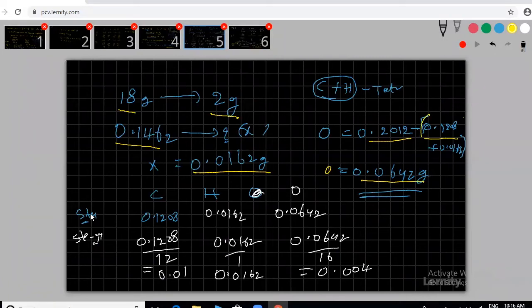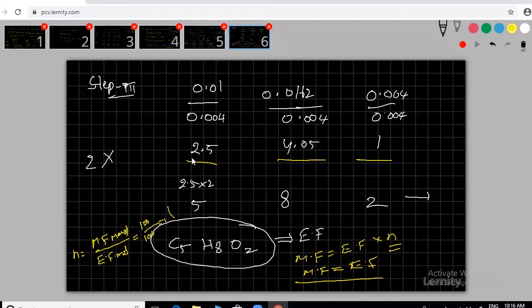After that, I applied step 1, step 2, step 3. Then we finally got the numbers 2.5, 4 and 1. But this is not an integer value. To get exact integer values, again I multiplied with a suitable number, that is 2. Then we get 2.5 into 2, 5, and approximately 8 and 2. So this is the carbon number, hydrogen number, oxygen number.